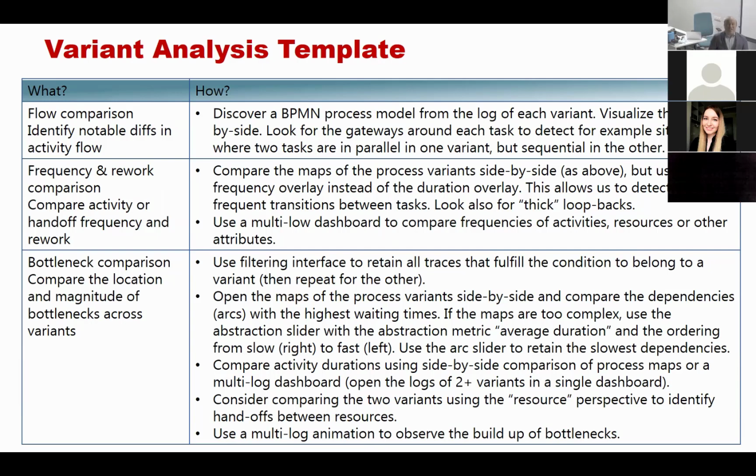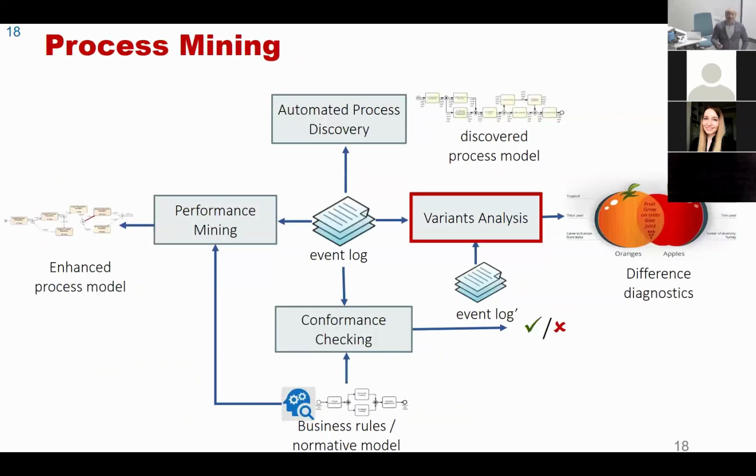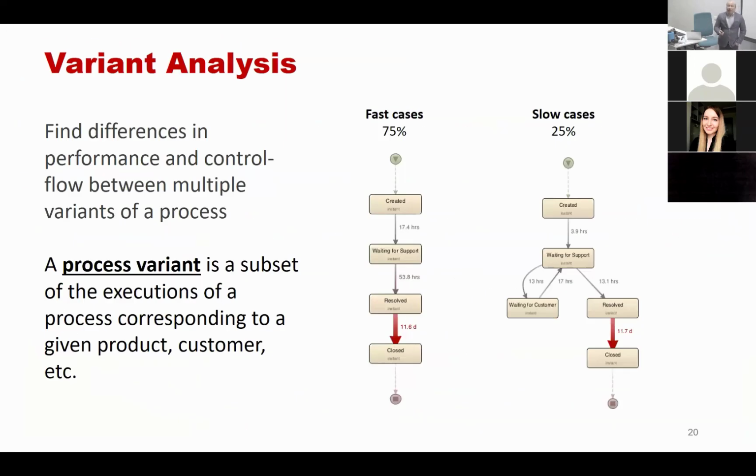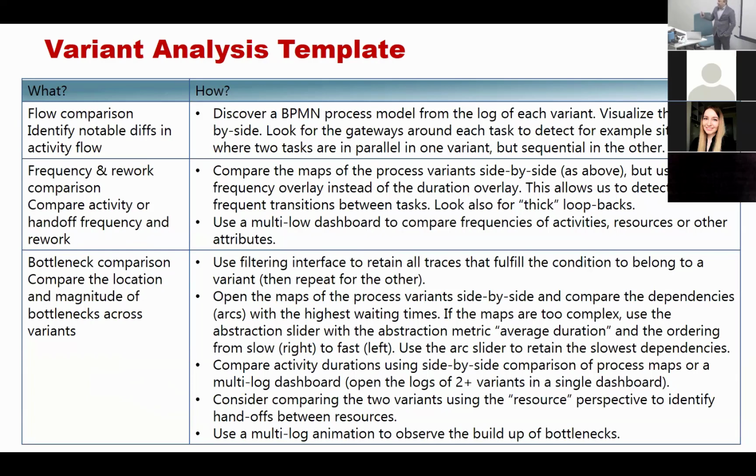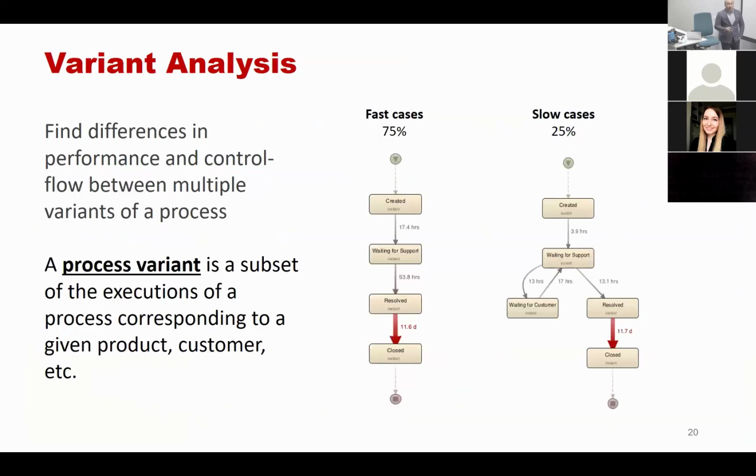And this comparison can be done at different levels, which are captured in this analysis template for variant analysis. The analysis template proposes to you to structure your comparison of multiple process variants into a number of tasks, starting with flow comparison, then frequency comparison, and then bottleneck comparison.